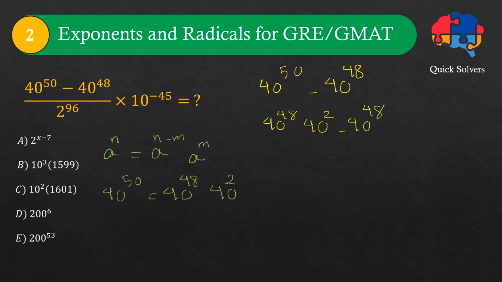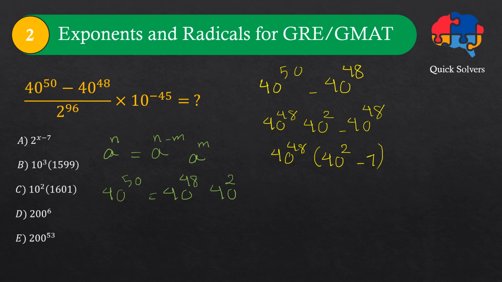Now I can factor out 40 to the power of 48 and write this as 40 to the power of 48 times (40 to the power of 2 minus 1). And what is 40 to the power of 2 minus 1? Well, 40 to the power of 2 means 40 times 40, and 40 times 40 is 1600. And 1600 minus 1 is 1599.